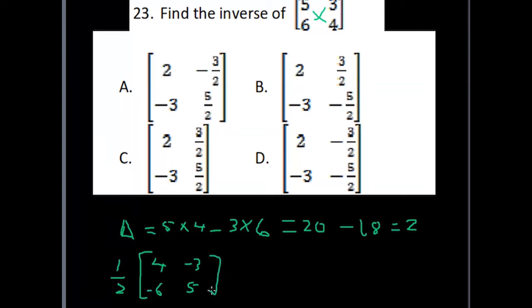Then 4 divided by 2, that's 2. Which makes the final answer A, option A.